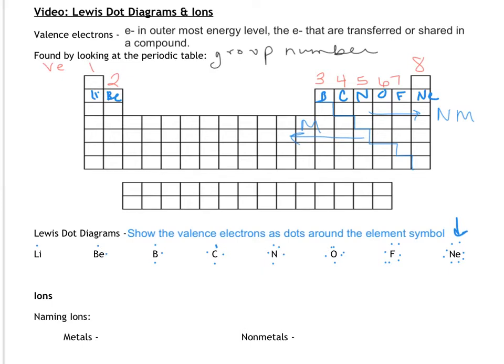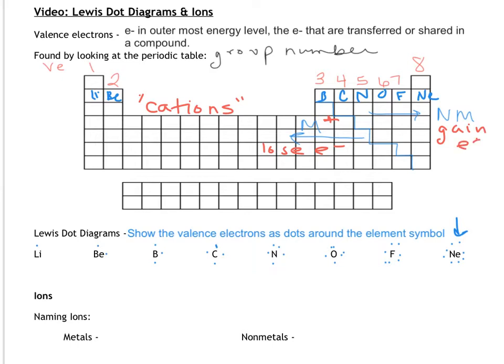Now metals are going to lose electrons. They're going to become positively charged, and they are called cations. Nonmetals are going to gain electrons.